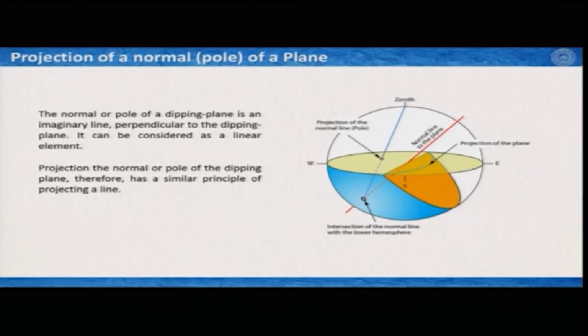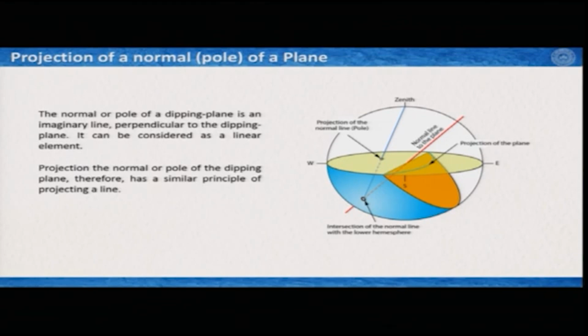It is very similar to the way we plotted the line, but we use a somewhat different technique, because we do not have the data of the line, we have the plane only. The normal, or pole, of a dipping plane is an imaginary line perpendicular to the dipping plane, and as I said, it can be considered as a linear element.